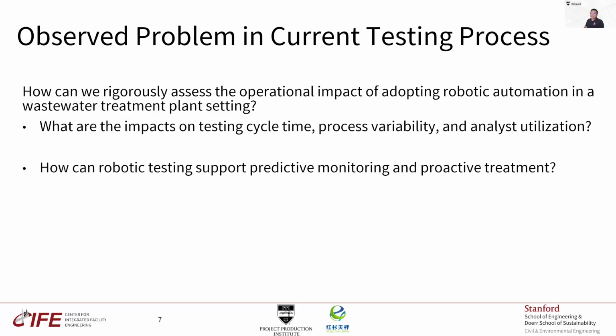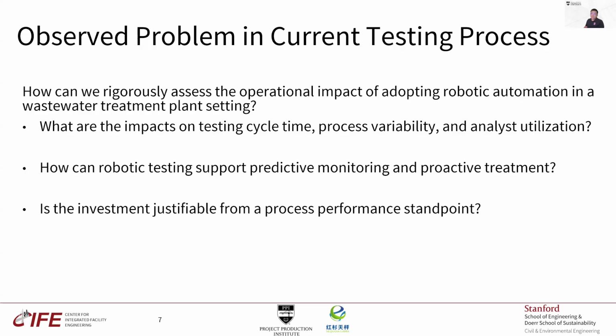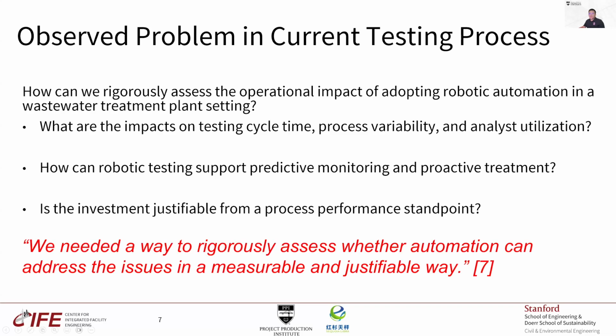How can this robotic testing platform support predictive monitoring and proactive treatment so they can adjust their treatment process accordingly? And last but not least, is the investment justifiable from a process performance standpoint? As I'm quoting from the plant manager, we needed a way to rigorously assess whether the automation can address our issues in a measurable and justifiable way.